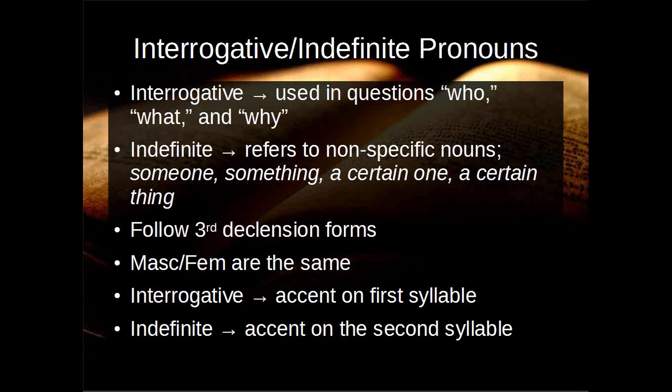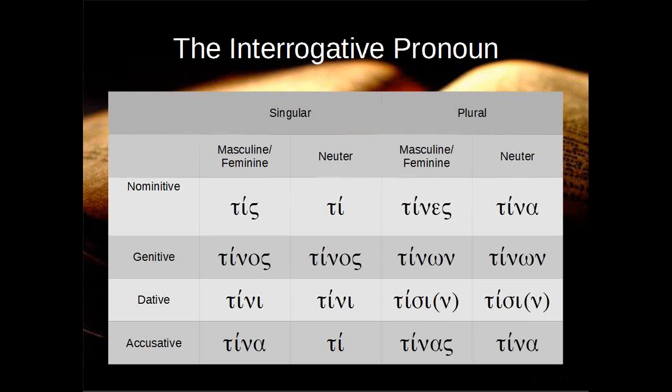So let me continue on, and I'm going to show you the interrogative pronouns first. Here are our interrogative pronouns. Like I told you guys, it follows the third declension, okay?